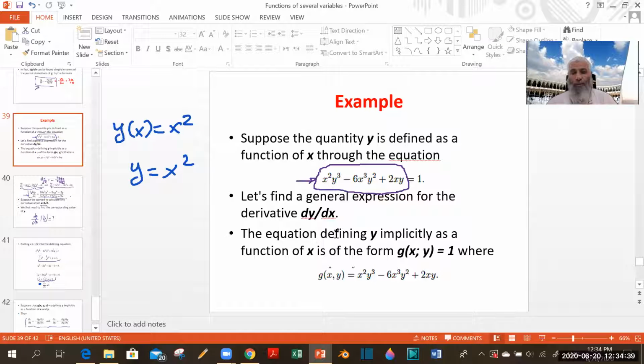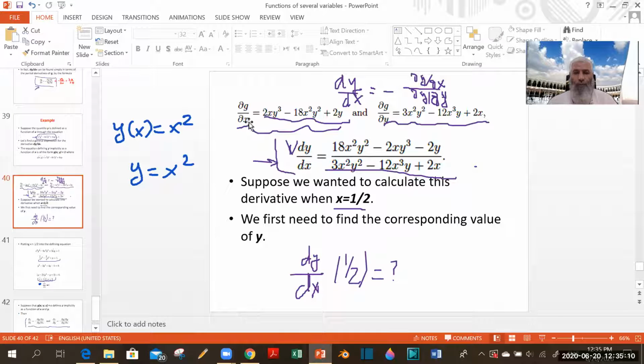The equation defining y implicitly as a function of x is of the form g of x and y equals 1, where g of x and y equals x squared y cubed minus 6x cubed y squared plus 2xy, without the 1.